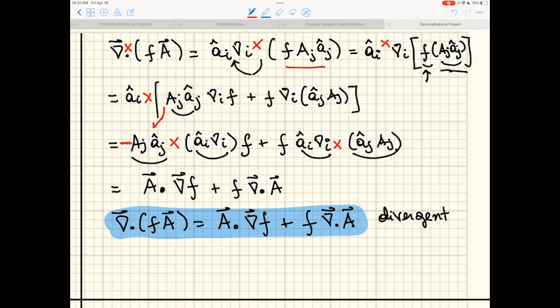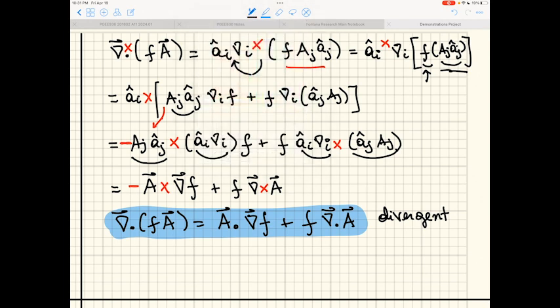So that's the only difference we have. So instead of doing the dots, we're going to have minus A cross gradient plus F curl of A. Okay? That's the result we obtain.